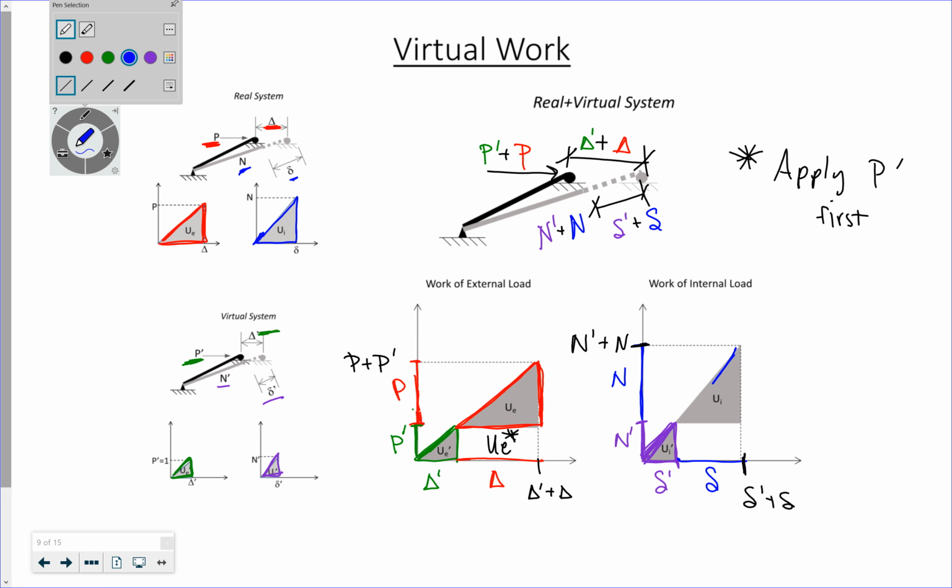My internal load due to my real system, UI, and then there's this extra little UI there.